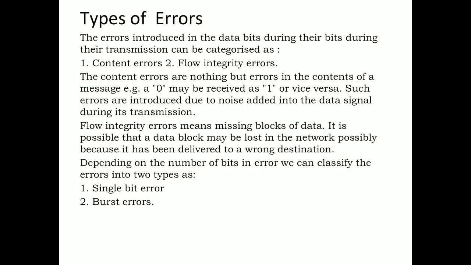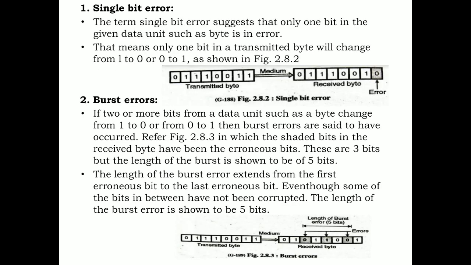It is possible that a data block may be lost in the network, possibly because it has been delivered to a wrong destination. Depending on the number of bits in error, we can classify the errors into two types: first, single bit error, and second, burst error. Now first we will see the single bit error.